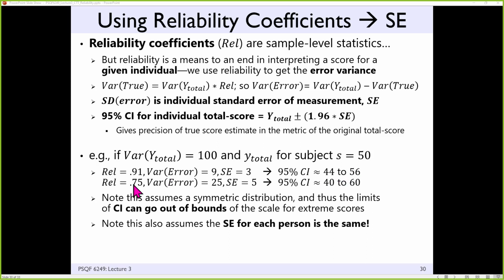Same situation. Now if I have a reliability of 0.75 instead, now there's a lot more error variance. Now the standard error is a lot higher, and the range is broader. So even though, like we're saying, this subject has a 50, how sure are we that it's a 50?